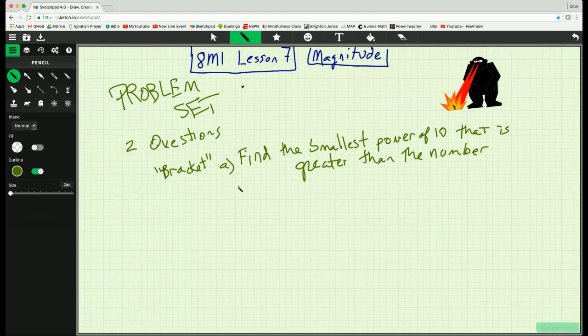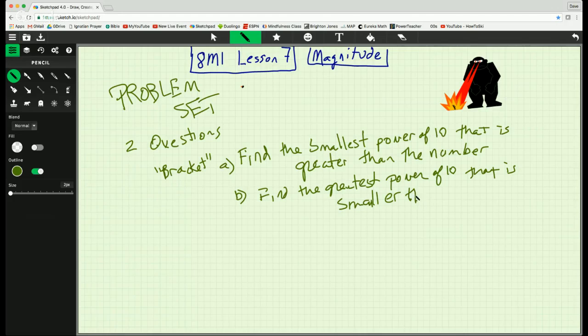And then B, find the greatest power of 10 that is smaller than the number.